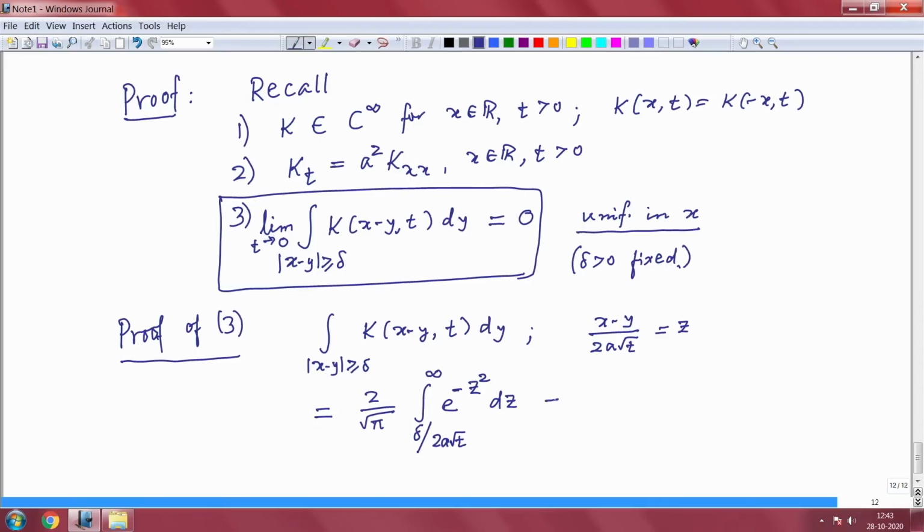What you do here is the simple thing: you multiply by z and divide by z in the integrand e to the minus z square, and this we can do because z is away from the origin.